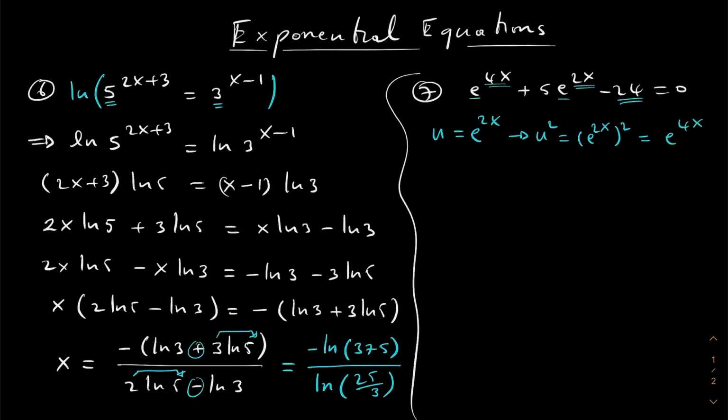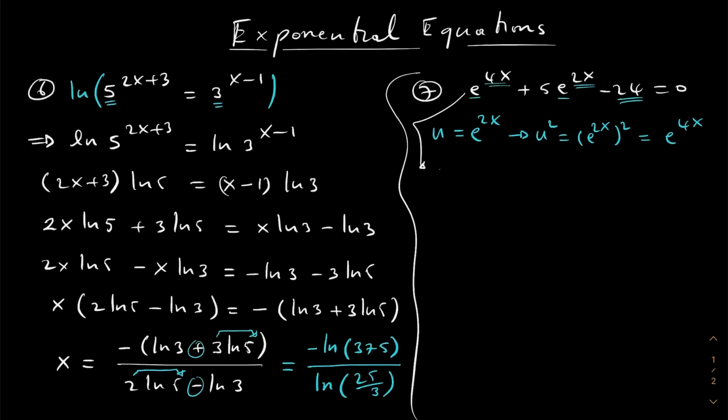And of course, I've squared u here on purpose because I knew that since my other exponential term had a power that was twice the power of the other term, I would have to have u squared in order to get that term. And so now you can rewrite your expression as u squared plus 5u minus 24 equals 0.